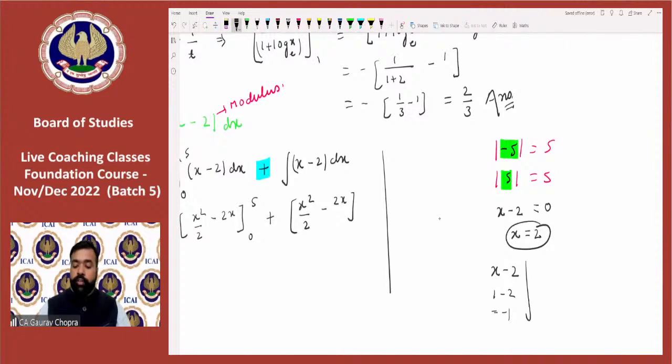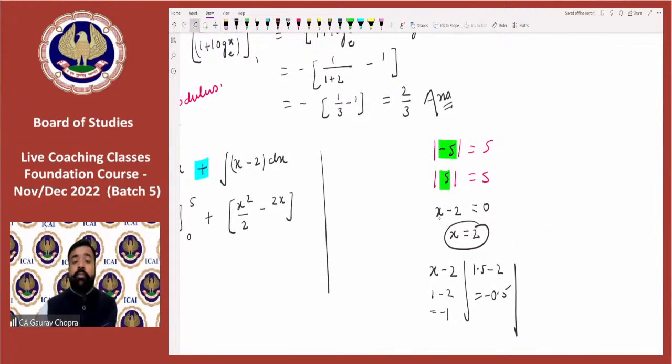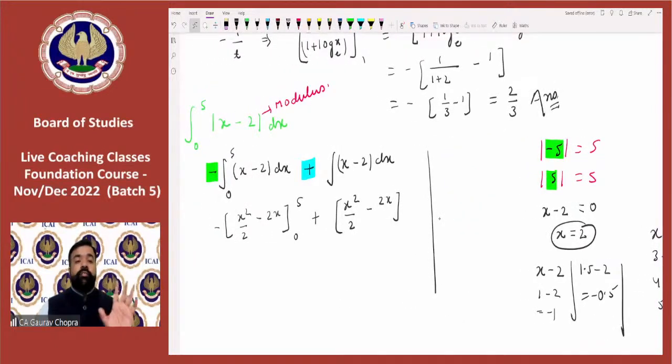If we substitute 1.5, also negative. So if we put a value less than 2, it will be negative, and if we put more than 2, like 3, 4, or 5, then it is positive. That means the negative part has the limit only from 0 to 2. Between 0 and 2, the result will be negative, and from 2 to 5, the result will be positive.